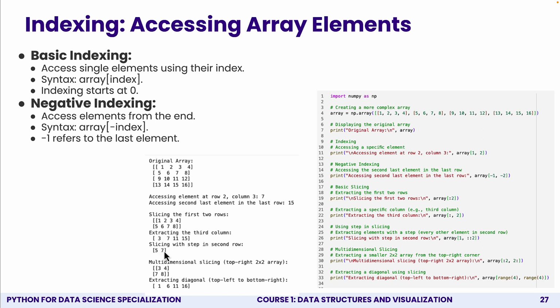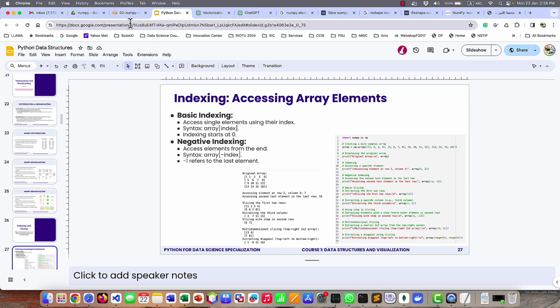What did we select here? We select the second row, so this is how we express the second row, index 1. And we select with steps. Okay, so select 5 and then jump to 7, and we skip 6 and 8. We can try this.